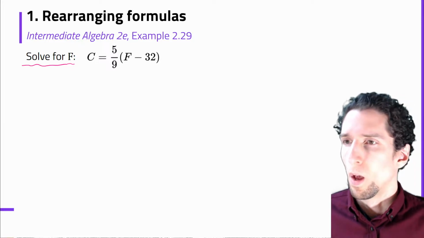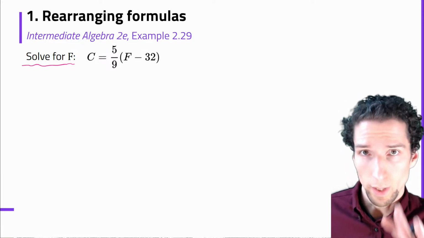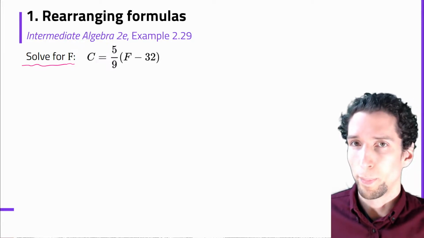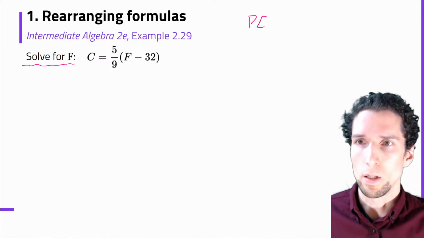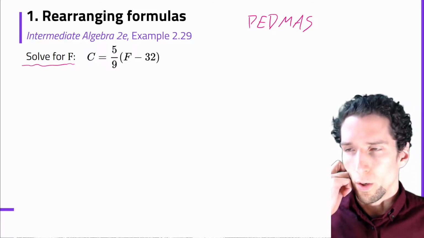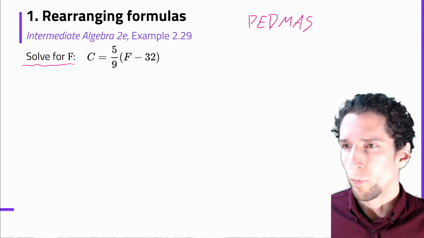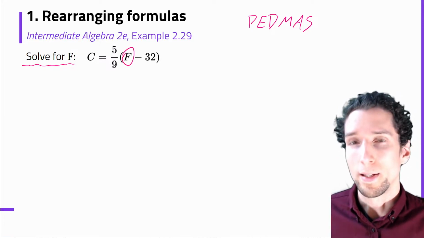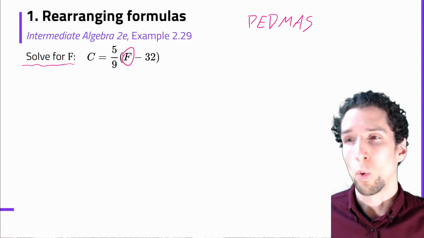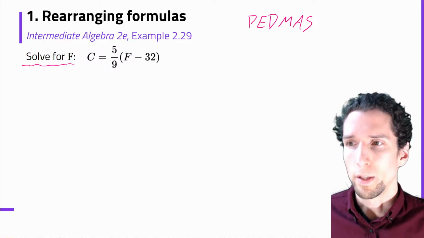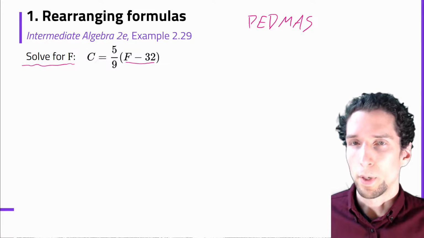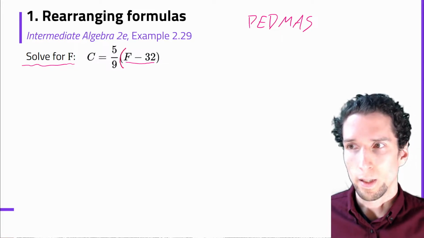There are three different ways that we can do this, as I mentioned. First, we'll talk about that PEDMAS order. If we look at F here and imagine we did have a number for F, and we were to evaluate this, we'd look at our order of operations in this equation. This subtraction is happening first because it's inside these brackets.